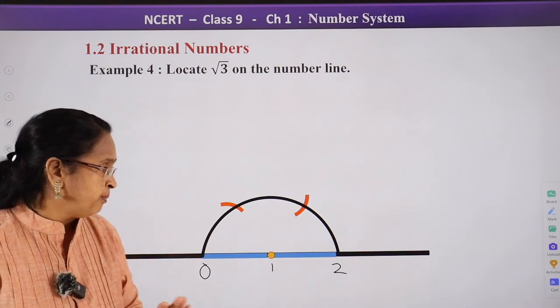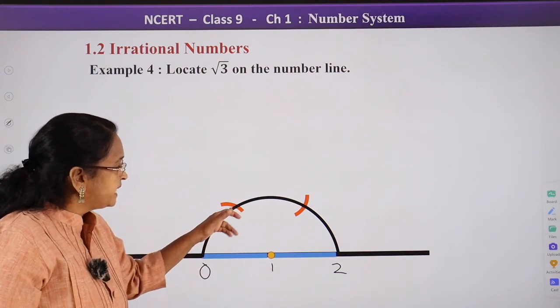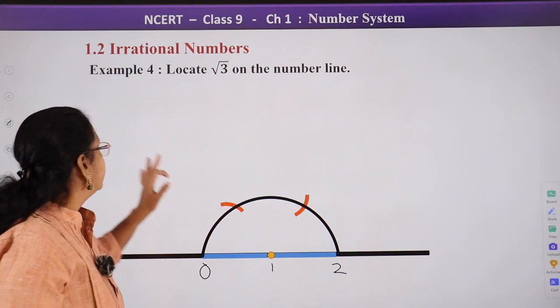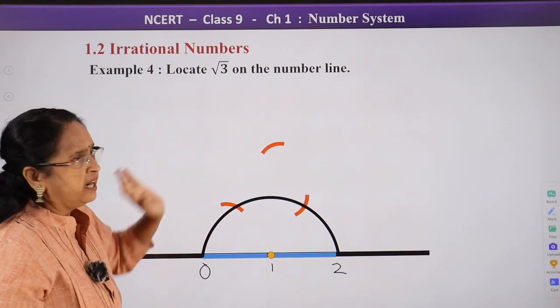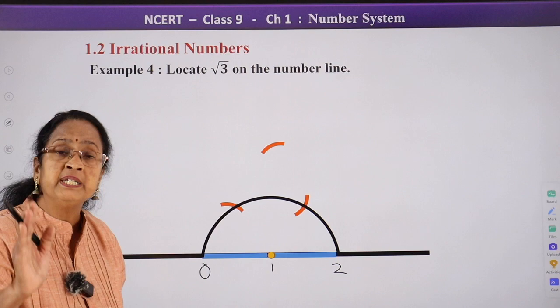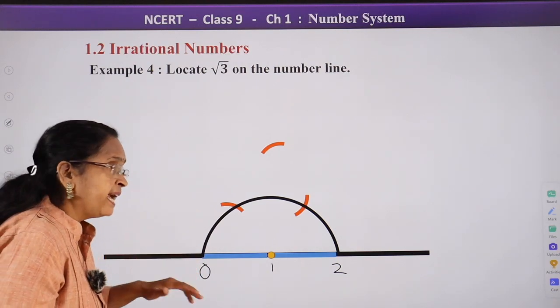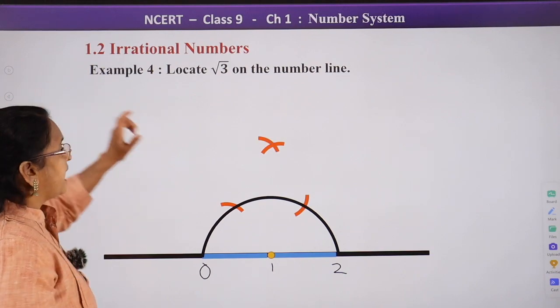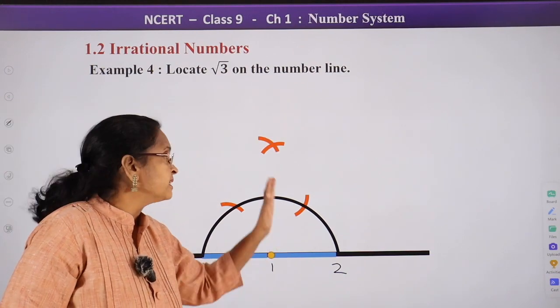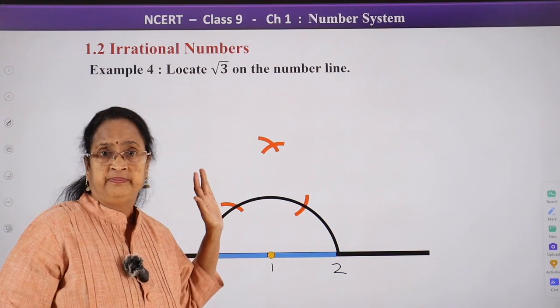Now, with the 60 degree arc as the center, I cut one arc with the same radius. Please remember, same radius. Then with 120 as center, I cut another arc.